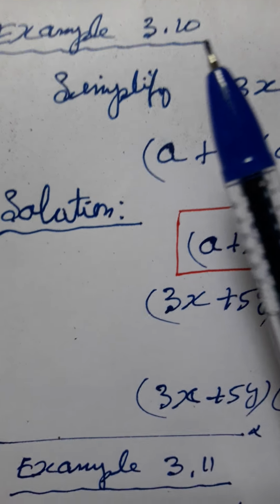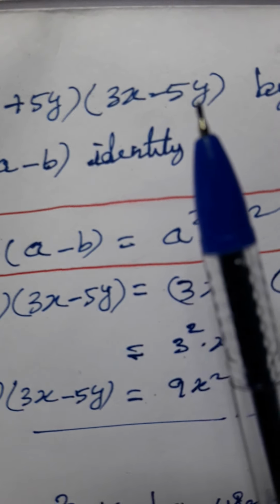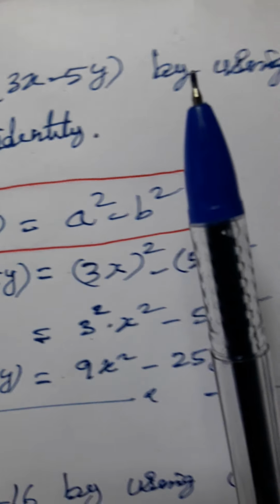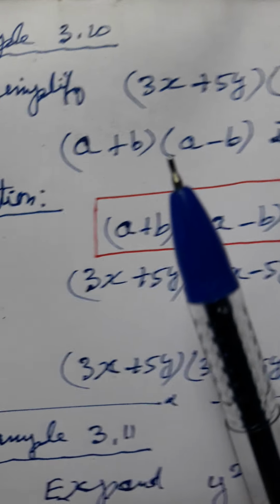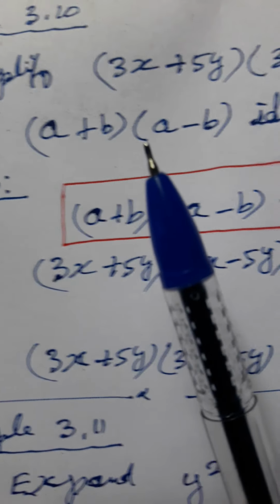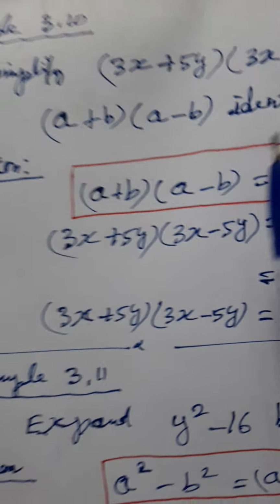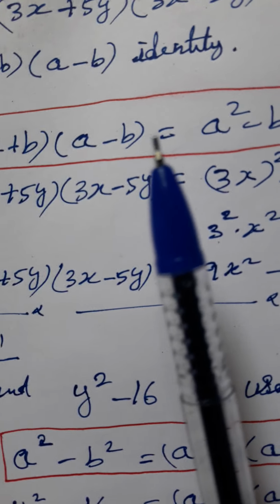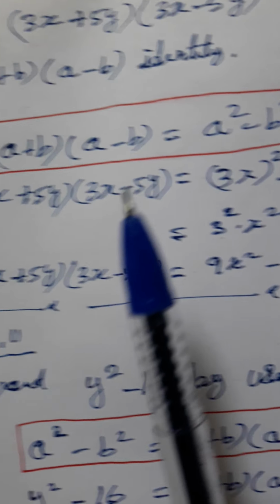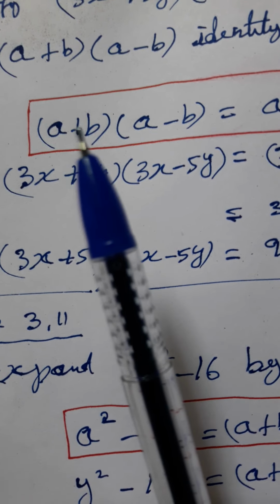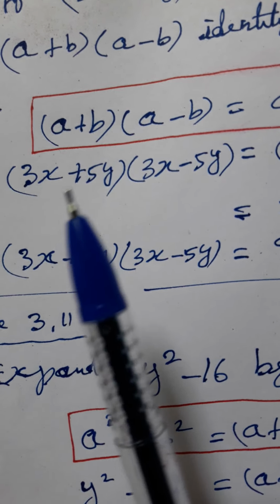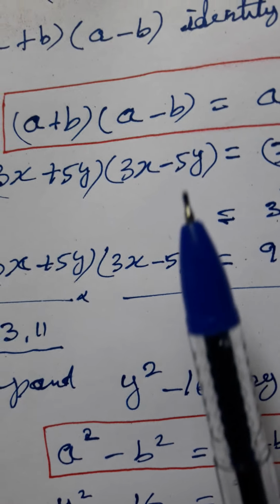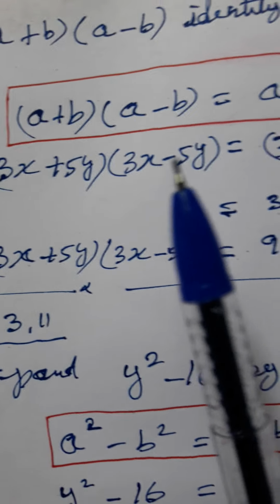Next example 3.10. Simplify (3x + 5y)(3x − 5y) by using the (a + b)(a − b) identity. Solution. Here we are using (a + b)(a − b) = a² − b² identity. a + b here is 3x + 5y, a − b here is 3x − 5y.